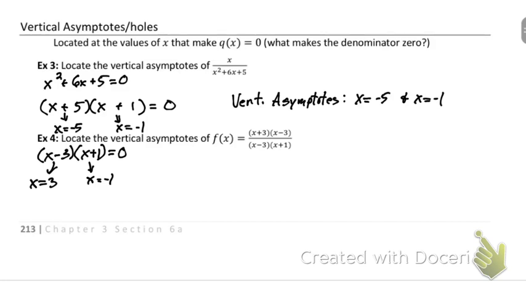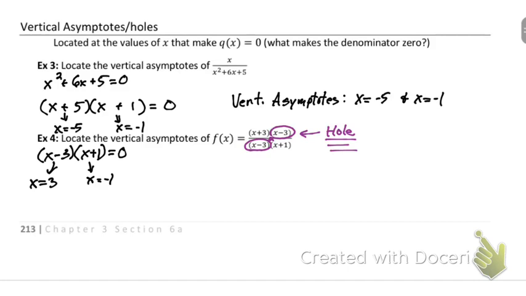So if you ever have the same factor on the top as in the bottom, that is going to be a hole, not a vertical asymptote. So if you ever have the same factor in the numerator and the denominator, that's a hole and not a vertical asymptote. Negative 1 is a vertical asymptote because it isn't a factor on top and bottom. They wouldn't end up canceling out. So if they cancel out, it's a hole. If they don't, you have a vertical asymptote.